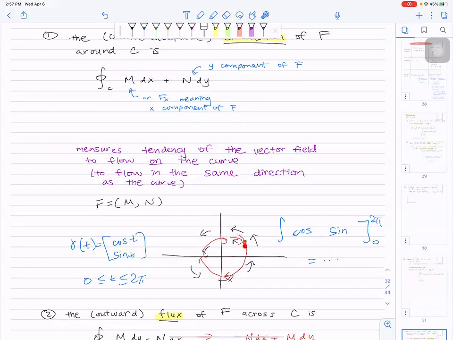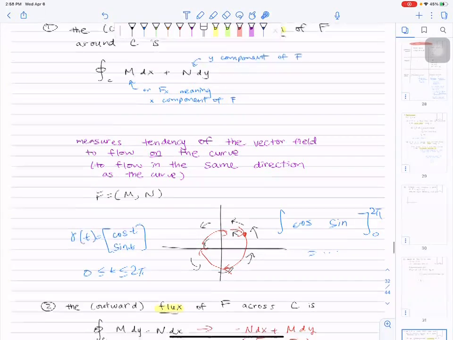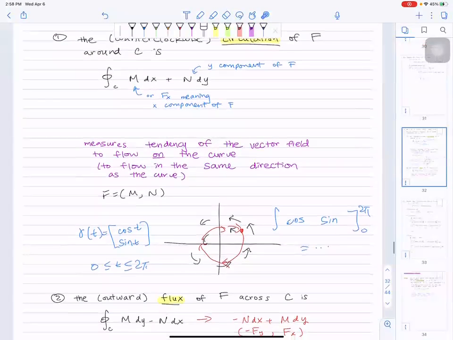The circulation is telling you whether you're flowing in the same direction as your vector field. If it's positive, yes, you're flowing in the same direction as the vector field you're integrating over. If it's negative, you're going in the opposite direction. It's not about arc length. This path is just saying you're integrating over this specific path and traveling along it.